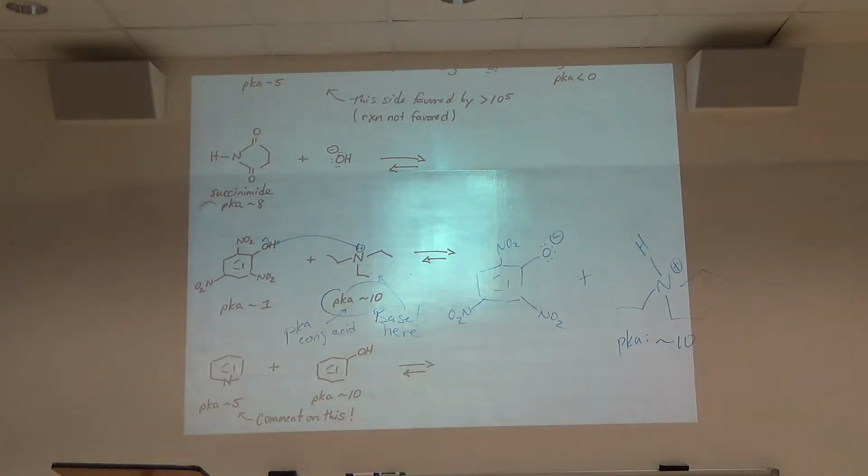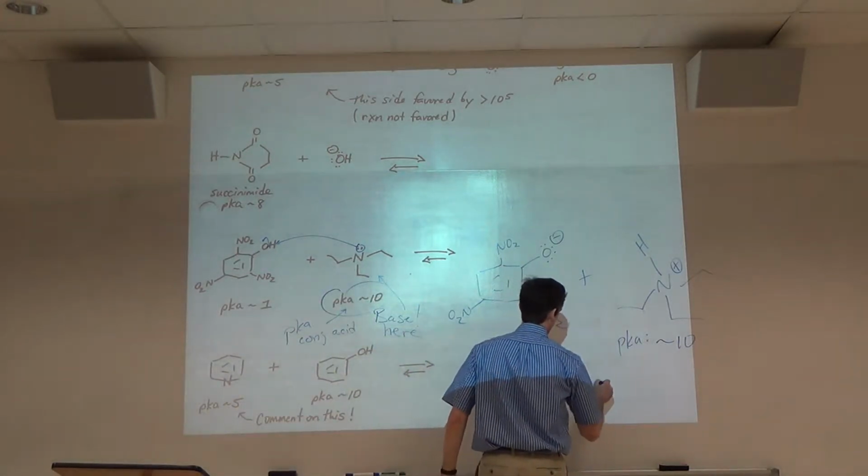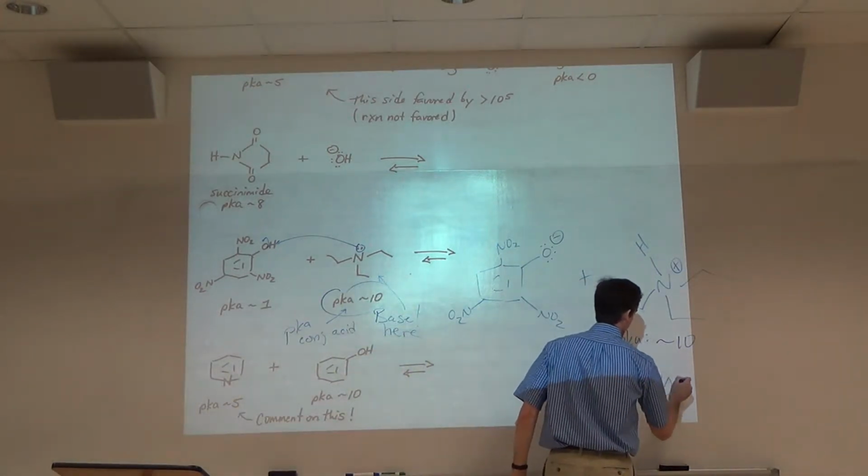We don't use pKb's in organic chemistry. Organic chemistry is too simple. All right? So which side's favored, 1 or 10? 10. This side's favored by how much? 10 to the 9. What's that, 1 billion?